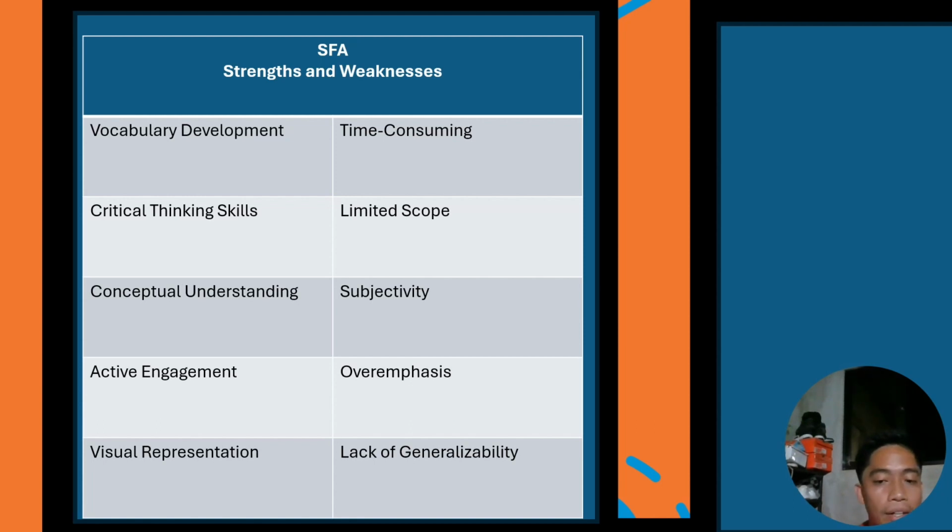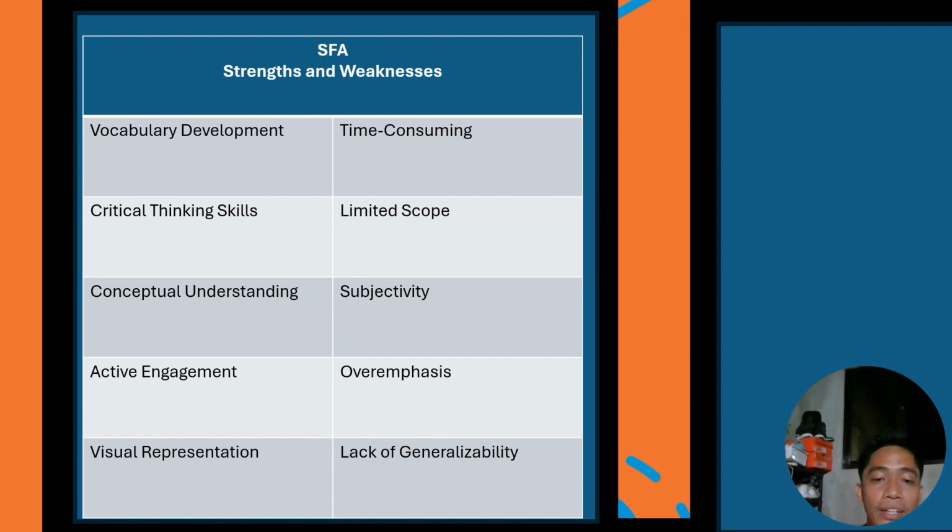Okay, so here are the weaknesses of semantic features analysis. Number one is time consuming, of course. SFA can be a time consuming strategy, specifically when analyzing a large number of vocabulary words or when engaging in extensive discussion. It may require careful planning and allocation of sufficient instructional time.